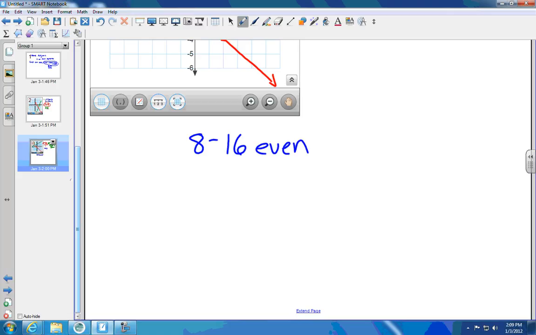And then we will also do 20 through 30 even. These will be due at the end of the hour, so you'll need to have about 10 problems or so, graph neatly and show me where the two lines intersect.